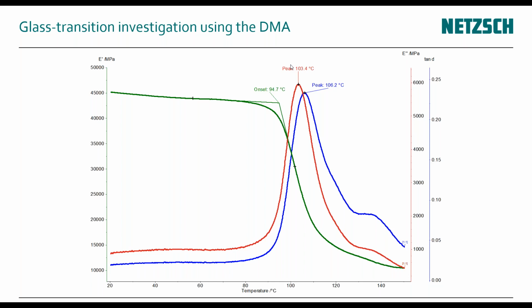I say the one that comes first, the one at 94 degrees, shows you when you lose your structural integrity. So in order to know the highest temperature to use this material, this is more correlated to the 94.7 degrees and the onset of the E prime. But for the evaluation of the glass transition temperature, it depends on the standard you look at. Please be careful and ask which values you want to compare if you talk to one of your customers or suppliers, and agree upon the same value.